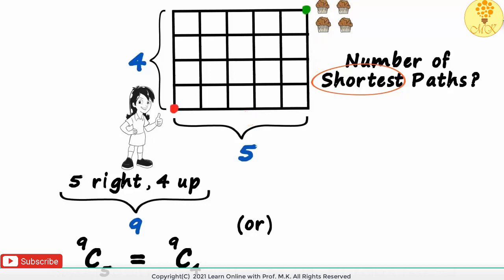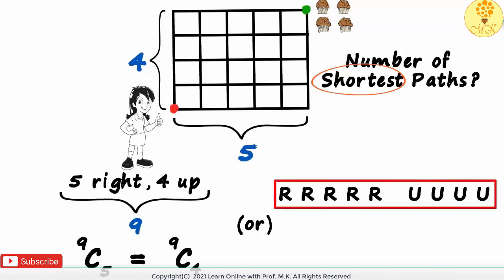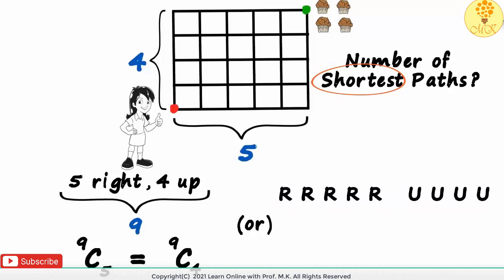No matter which shortest path she takes, it will be a total of 9 units, out of which 5 will be to the right and 4 will be upwards. So we write R 5 times and U 4 times. This is what we need to arrange. All possible arrangements of these 9 letters will give us the number of different shortest paths Zara can take.